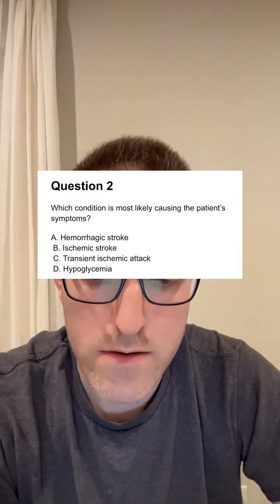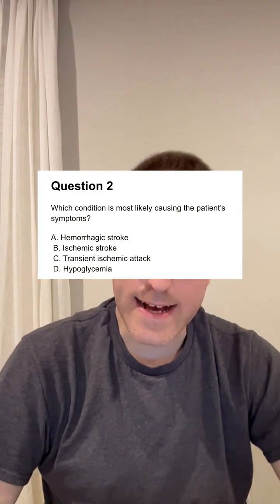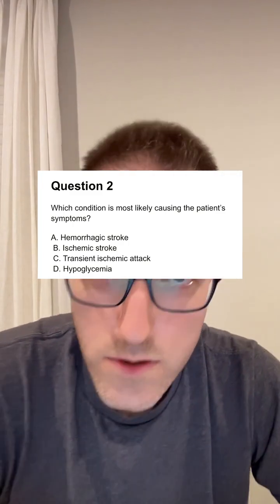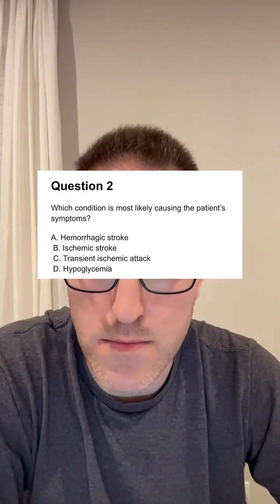All right, now every time we see question 2, we need to analyze those cues. So which condition is most likely causing the patient's symptoms?